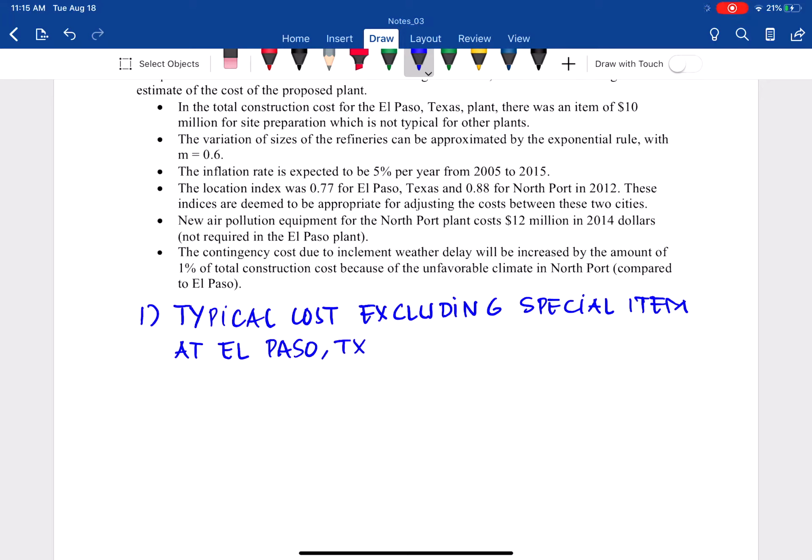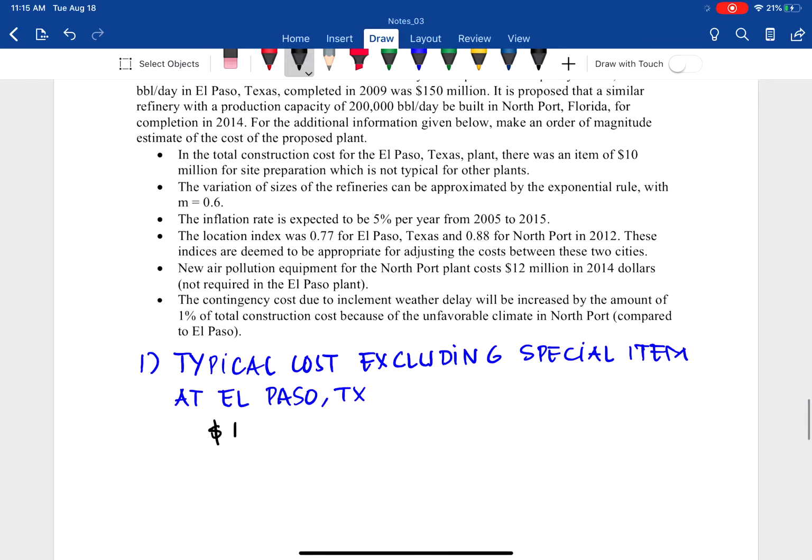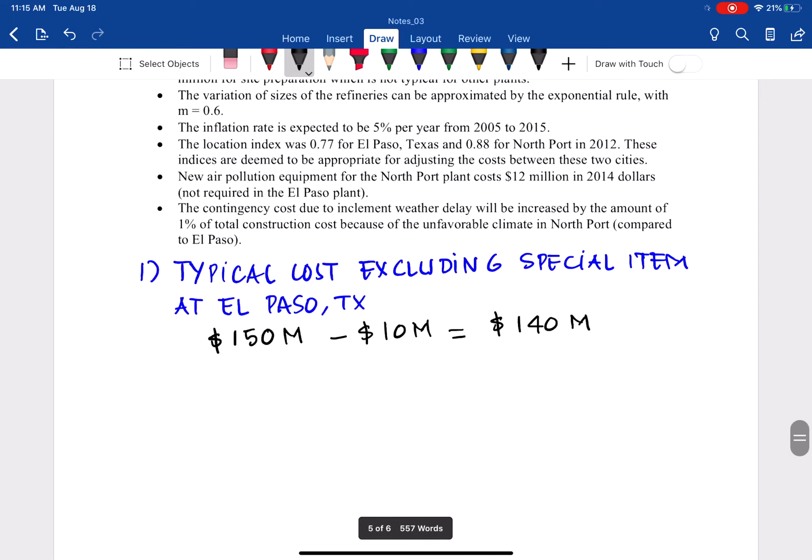So what does that mean? The original cost is $150 million. The special item for site preparation there is $10 million, and it's not typical in other projects. So from the historical, it's $140 million.